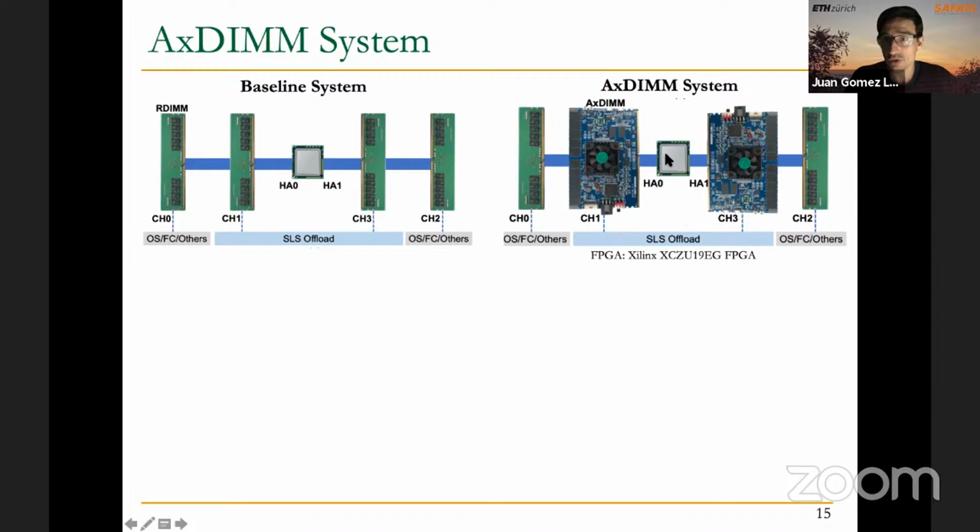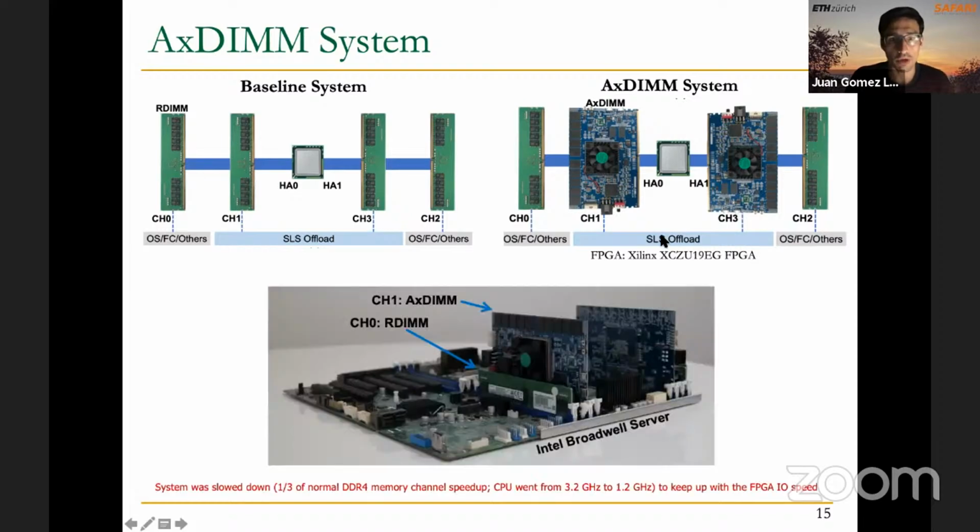And there is where the host processor is going to offload the computation of the SLS operators. And this is another view, another picture of the system with the two DIMMs that you can easily identify.